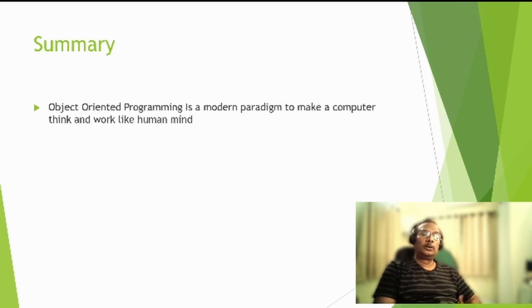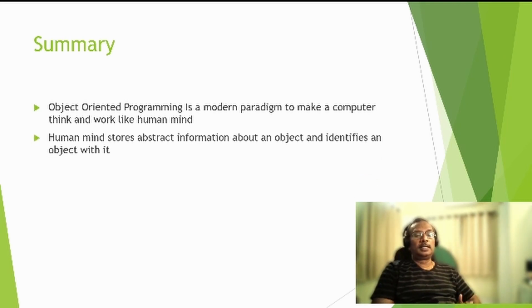Alright, let us summarize what we have learned today. Object-oriented programming is a modern paradigm to make a computer think and work like a human mind. Since the human mind stores abstract information about an object and identifies each and every object based on that stored abstract information, we are trying to emulate the same idea.